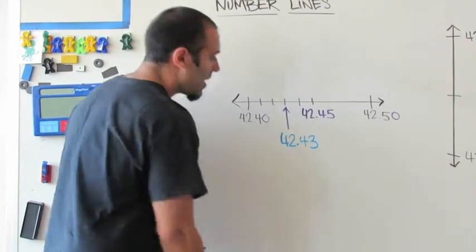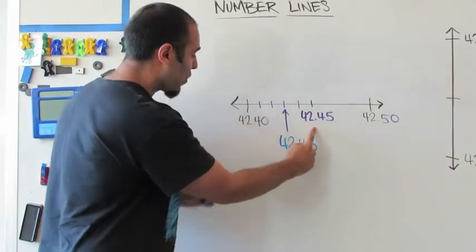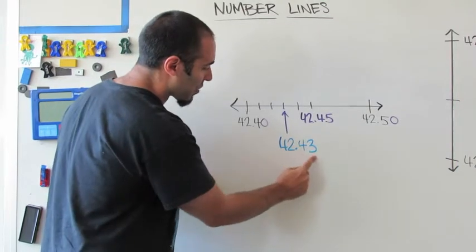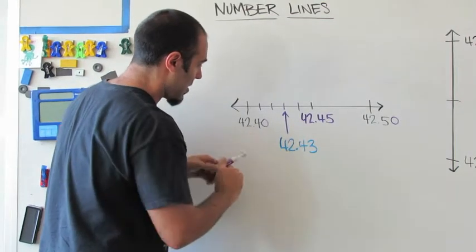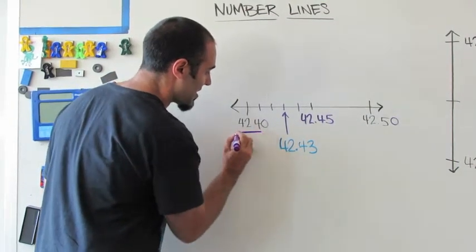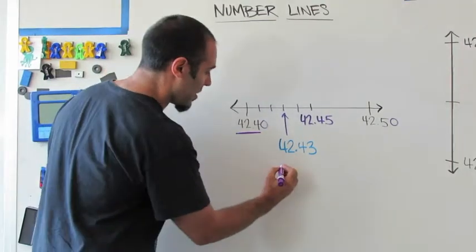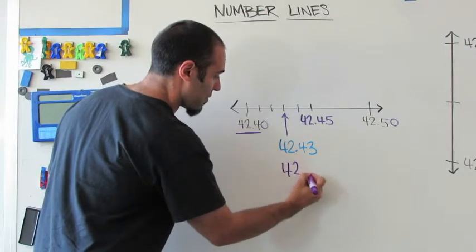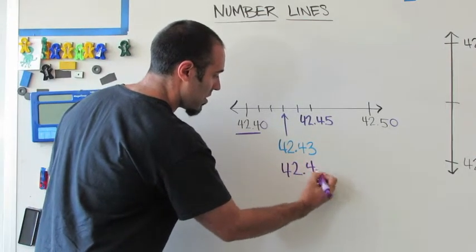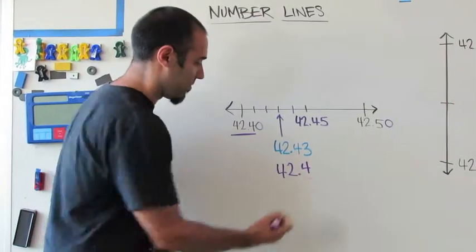Now, identifying the midpoint, we can see that 42 and 43 hundredths is closer to this tenths value. Therefore, we're going to round this number to 42 and 4 tenths.